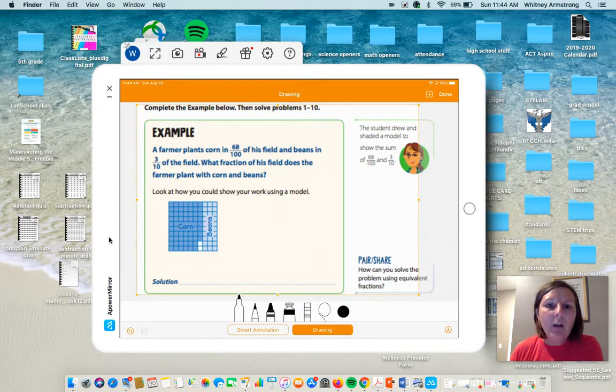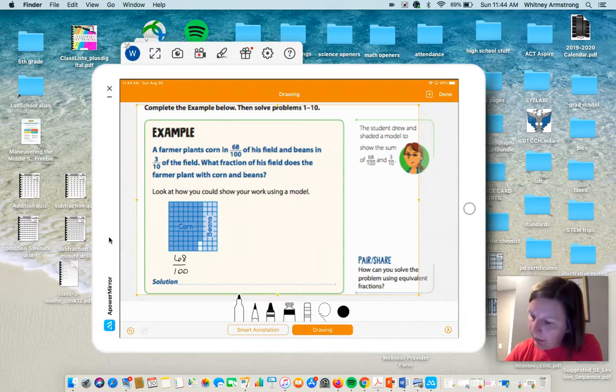the field. What fraction of his field does the farmer plant with corn and beans? So it shows you how you could do it with a model, okay? If you count all of this corn here, it is 68 over 100.